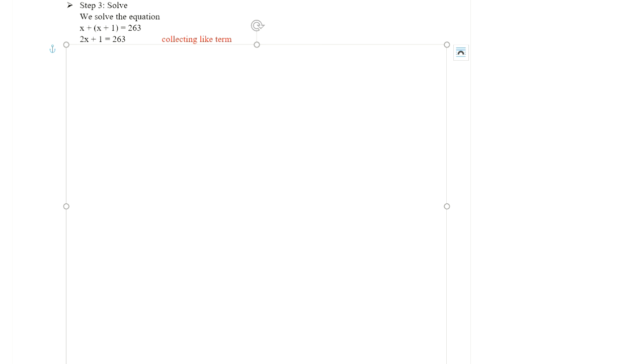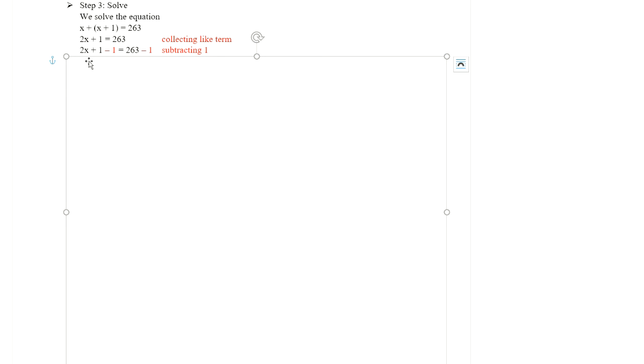As you notice, we have x and x here. If you add those together, that becomes 2x plus 1 equals 263. Right at this step, we are collecting our like terms.